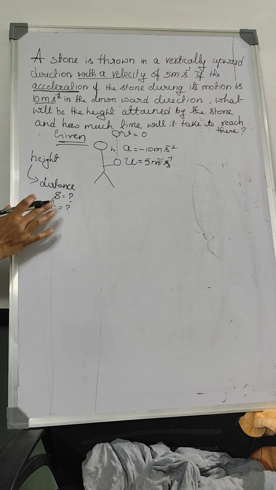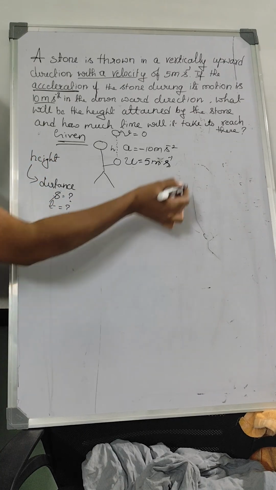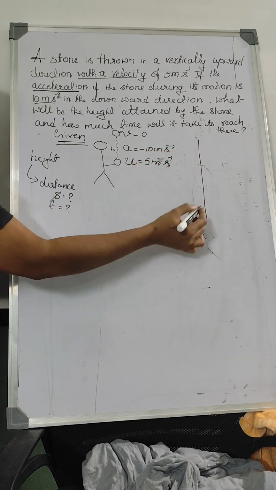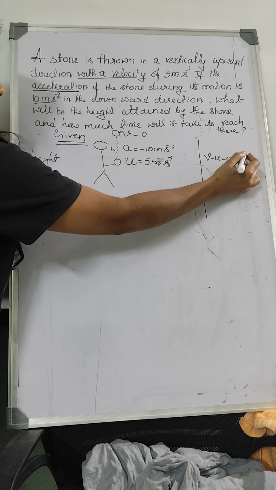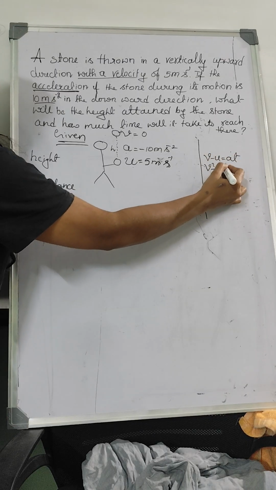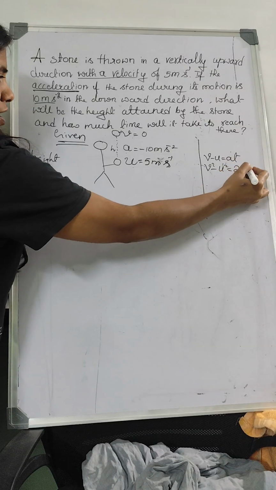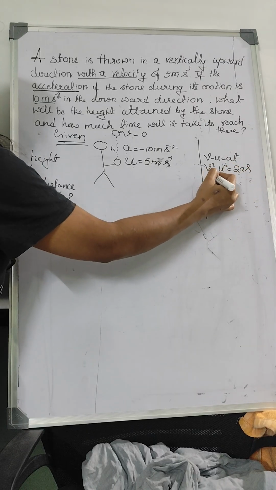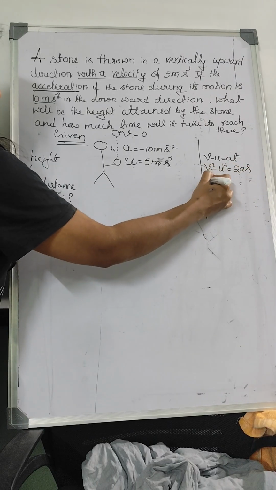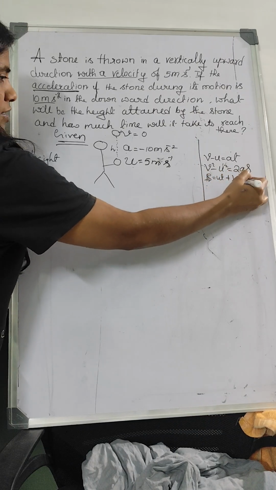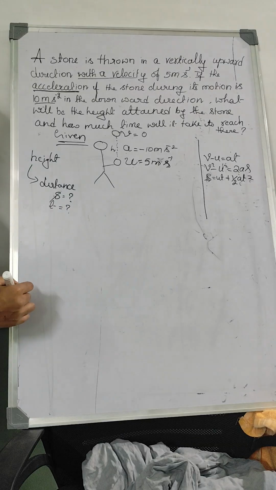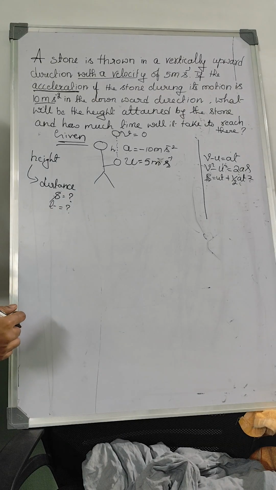To solve this problem, we have to think of the 3 equations of motion: v minus u equals at, v square minus u square equals 2as, and s equals ut plus half at square. Out of these 3 we have to utilize 1 or 2.